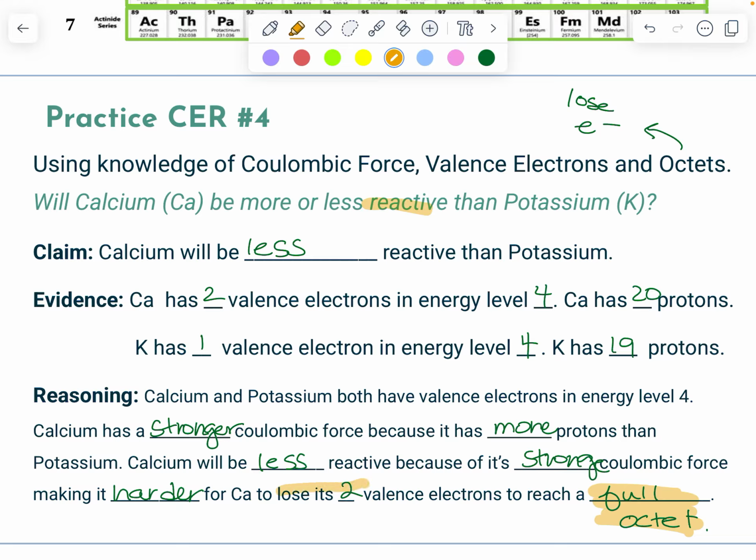We need to mention how that element is going to get there. We also, though, need to include talking about our valence electrons and our Coulombic force. So we're kind of adding something else on there. So talking about that stronger Coulombic force because of its increased nuclear charge. And so that's why it is less reactive, because it's harder to lose those electrons.